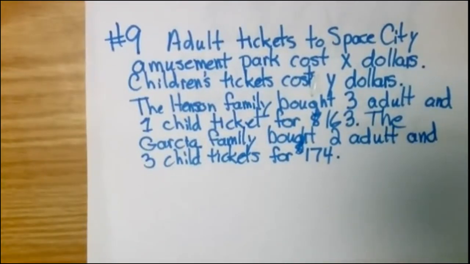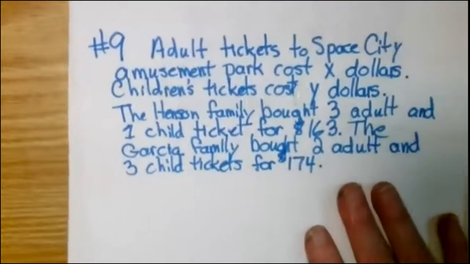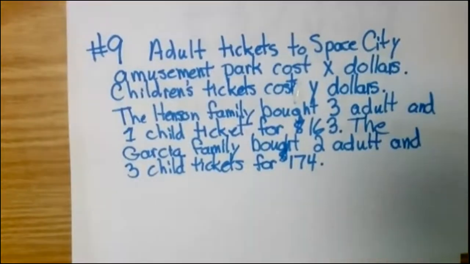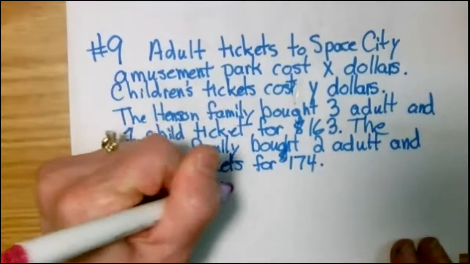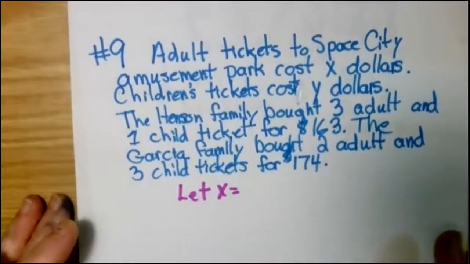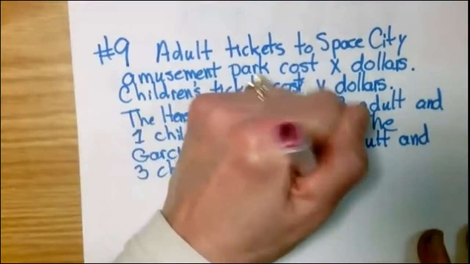So let's read it. Adult tickets to Space City Amusement Park cost X dollars. Children's tickets cost Y dollars. So adults are X, so let X equal the adult ticket cost.